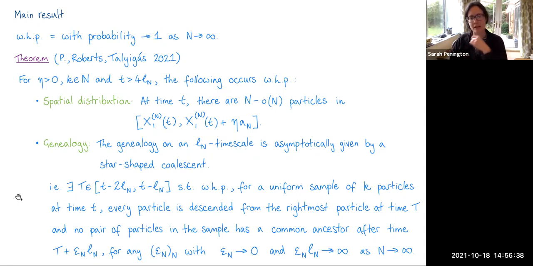So we're saying that every particle is descended from a single particle if you go back to time capital T, but if you go back to time capital T plus something that is quite large, but little o of l_n, then no pair of ancestral lineages has coalesced by that point. So I want to show you a picture to illustrate this genealogy result, because I think it's easier to understand with a picture.